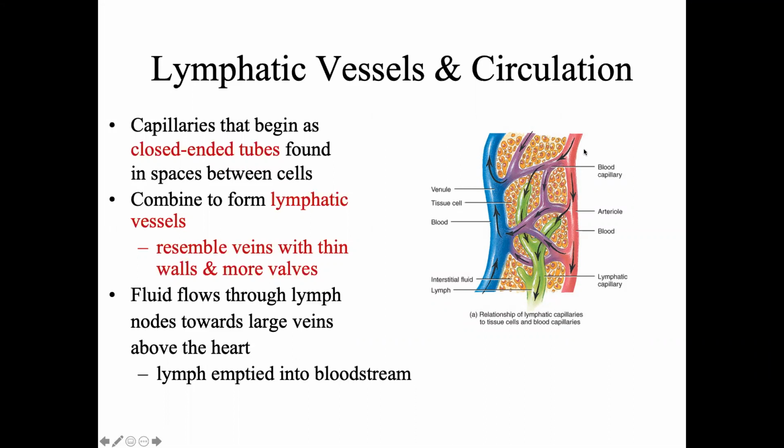And what happens is that on the arterial end of a capillary, you have blood pressure, 33 millimeters of mercury, ejecting fluid out through tiny gaps found in the endothelium of the capillary. So you have very small microscopic holes found between the cells that make up your capillary.